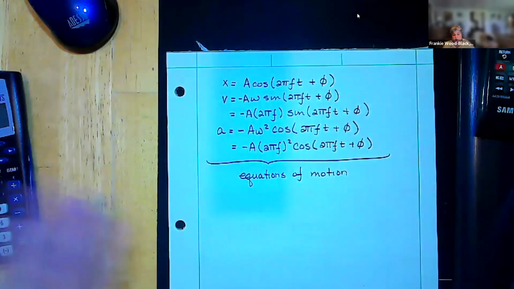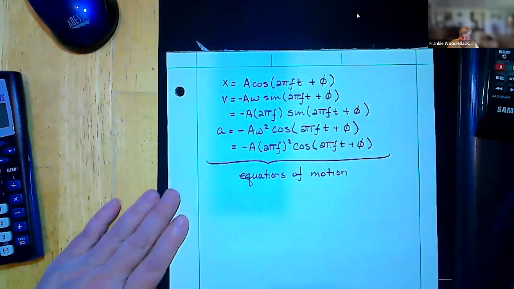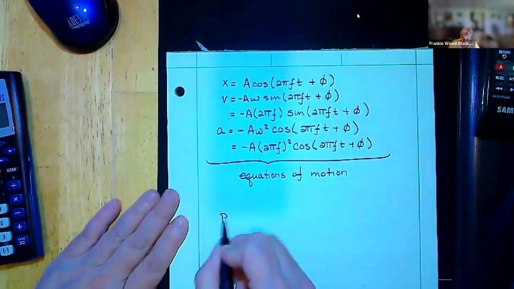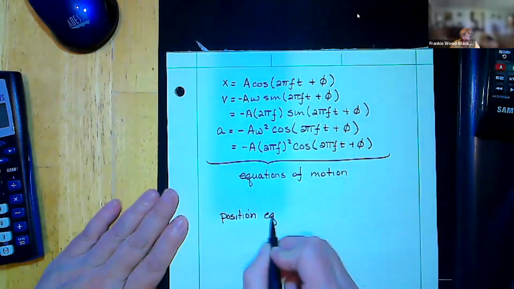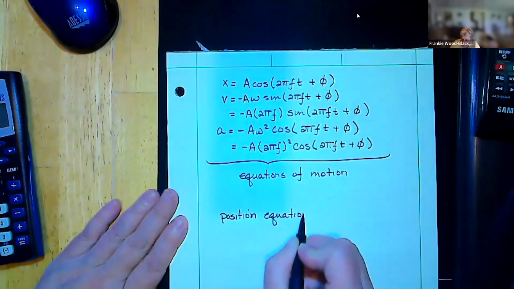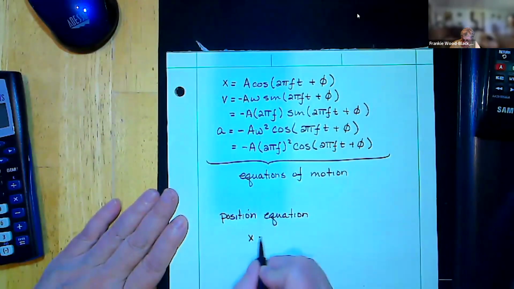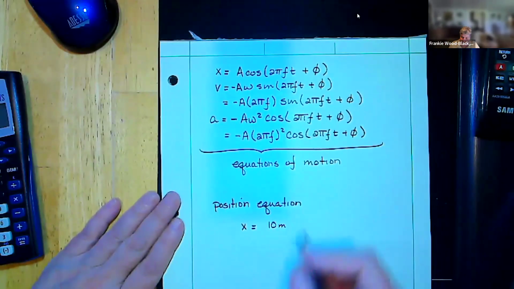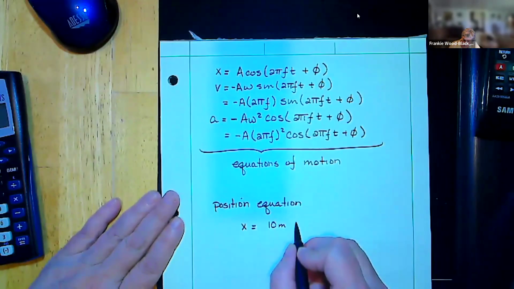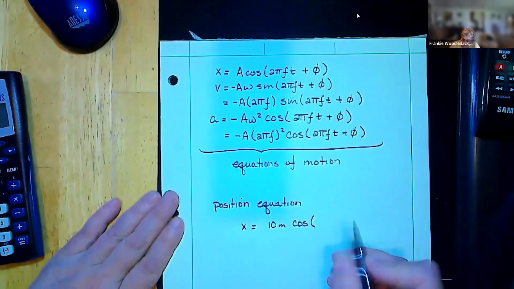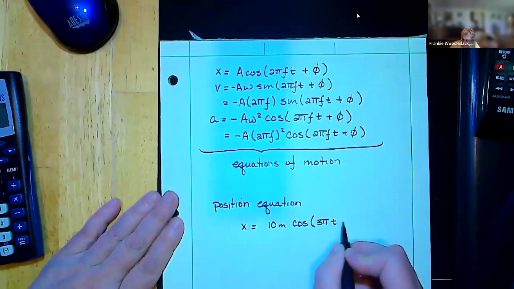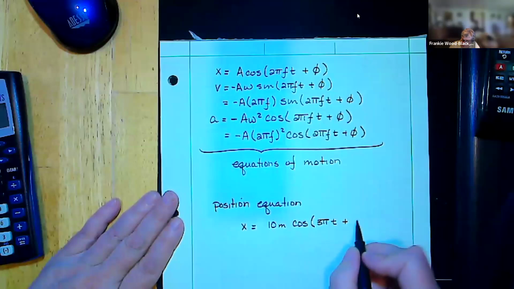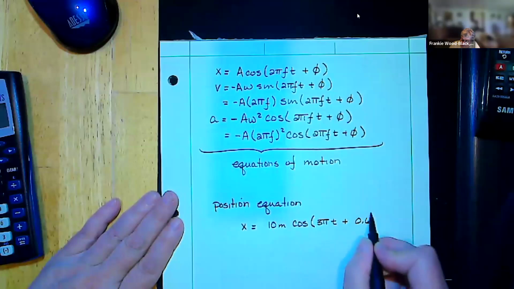Now, this is pretty cool. So let me give you a position. I've given you the position equation, and I'm giving you that x is equal to 10 meters. So we're going to use a big object. 10 meters cosine 3 pi t plus 0.6.